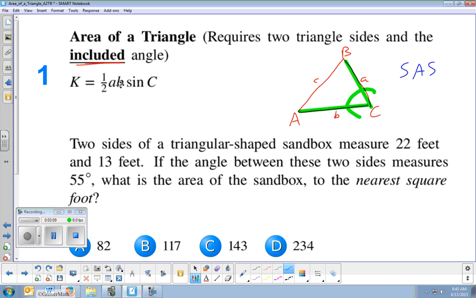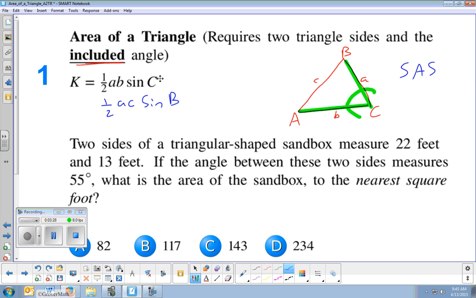Now, this is a little confusing because it doesn't have to be AB sine C. It can be any two sides and the angle between. So this formula can also be written as 1/2, let's say, AC. And if I'm using sides A and C, the angle between them would be the third angle, B, the third letter.